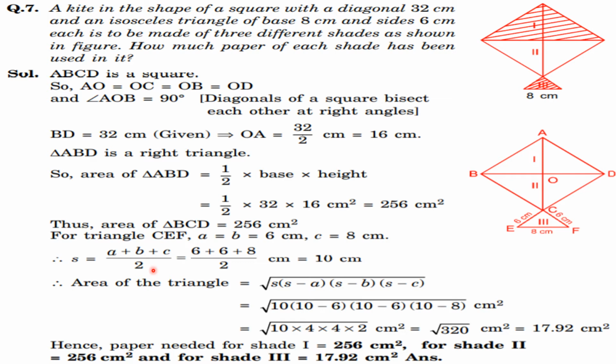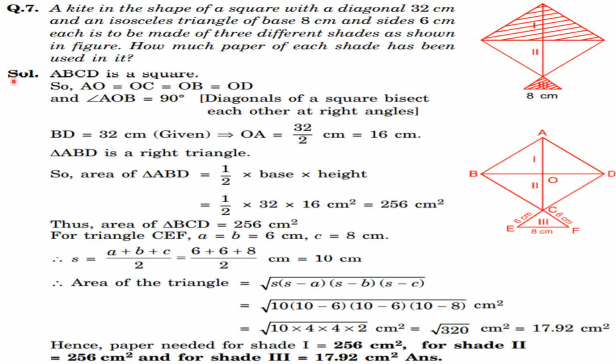In this formula, we are substituting the values of A, B and C. What is the value of A here? 6. 6 plus, what is the value of B here? 6. 6 plus, what is the value of C here? 8, by 2 centimeters.